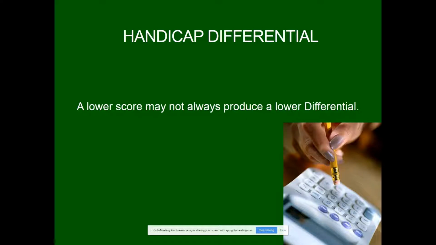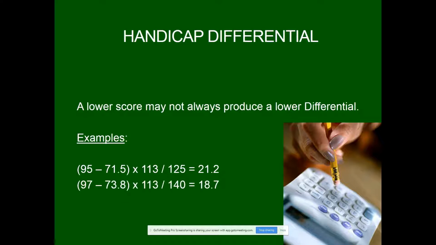All right, so a lower score may not always produce a lower differential. It all has to do with the course rating and slope of the tees they played, and here are some examples. We already went through the 21.2 based on the score of 95.